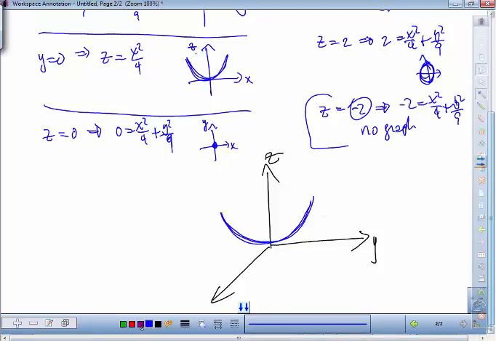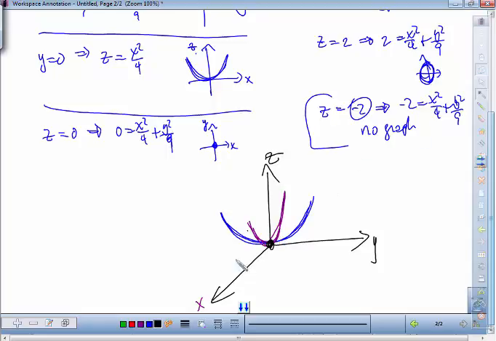On the xz plane, we're going to get parabolas that are a little bit less wide. On the xy plane, we got a dot.